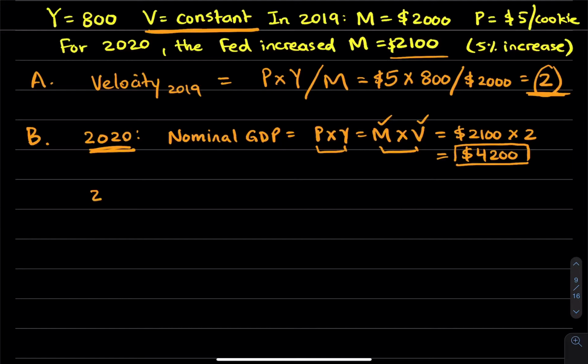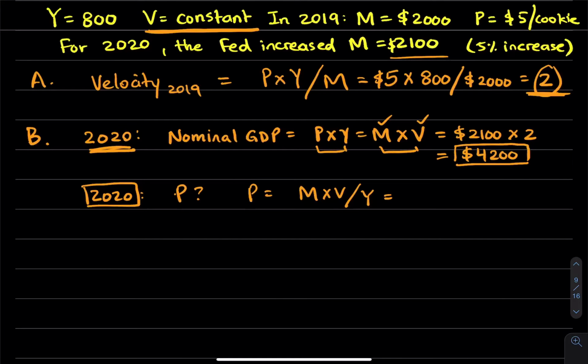Then the question is saying, what is the price level? So in 2020, what is the price level? Now, price level can be computed as money times velocity divided by Y. We didn't say that we were producing more in this year, so we're still producing 800 cookies.